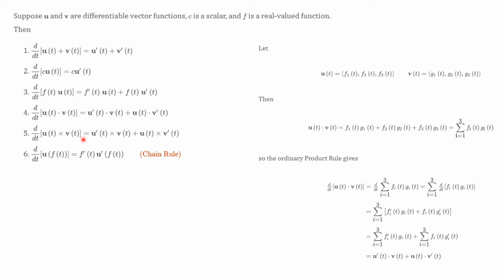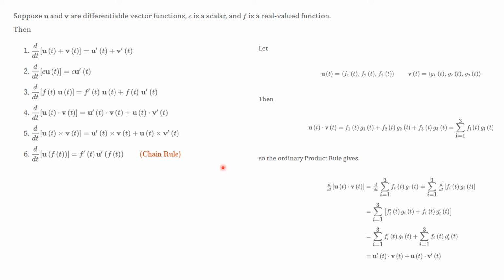If you're taking the cross product, the product rule is u prime of t cross v of t, plus u of t cross v prime of t. And if you have the chain rule, which is the composition of functions, again, you take the derivative of the outer function, which is going to be a vector derivative, times the derivative of the inner function, which in this case is a scalar function.